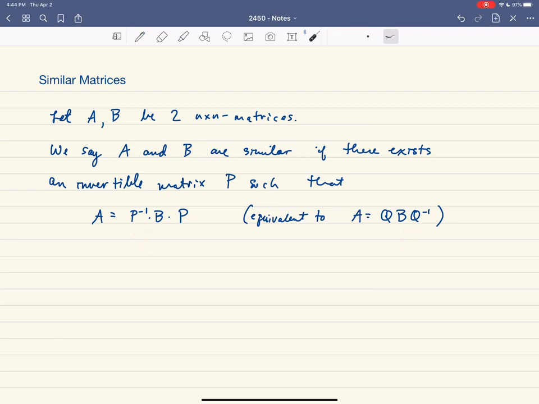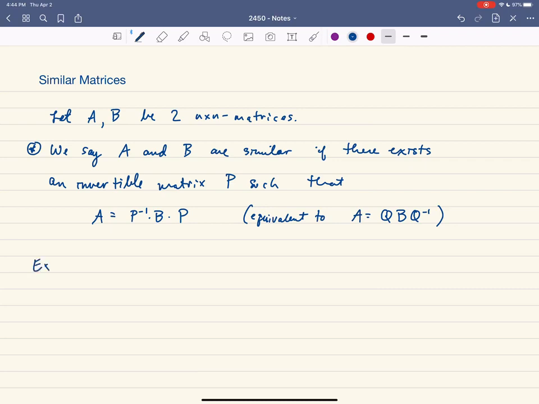I put it on the left because that's what the book does. But really, they're similar. If Q is equal to P inverse, then Q inverse is equal to P, and everything is the same anyway. So these are two trivially equivalent statements. So we say that A and B are similar if such a P exists, so that you can write A as P inverse times B times P.